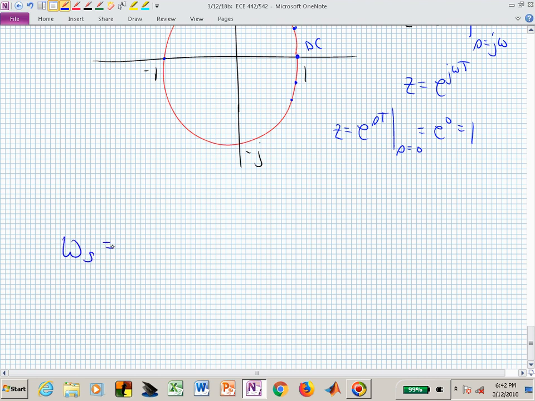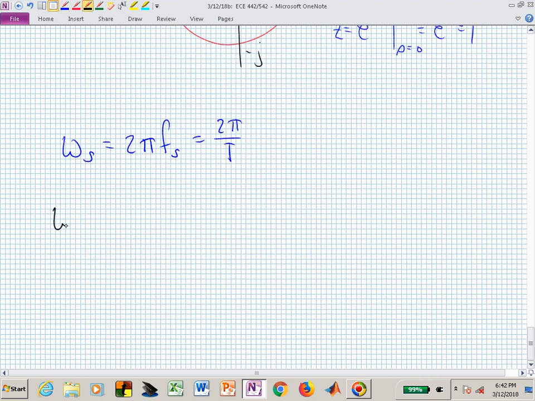What's omega sub s? 2 pi f sub s. Or that's 2 pi over T. And now I just said the highest frequency that we can discern in a sampled waveform is omega sub s over 2. Well, what's omega sub s over 2 in terms of capital T? Isn't it just pi over T?